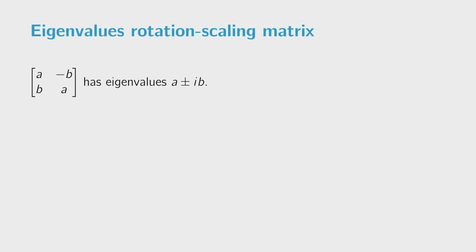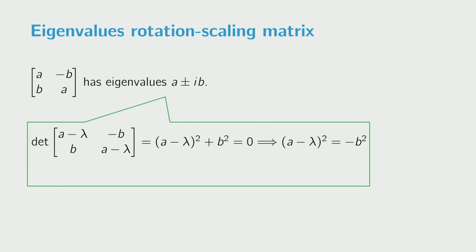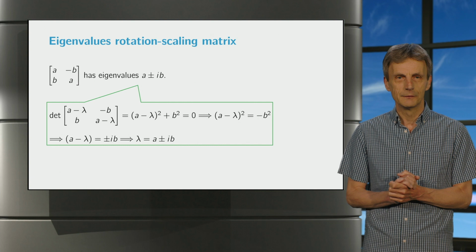The eigenvalues of the rotation scaling matrix [a, -b; b, a] are equal to a plus or minus ib, as shown by this calculation. So this rotation matrix has the complex eigenvalues a plus or minus ib.